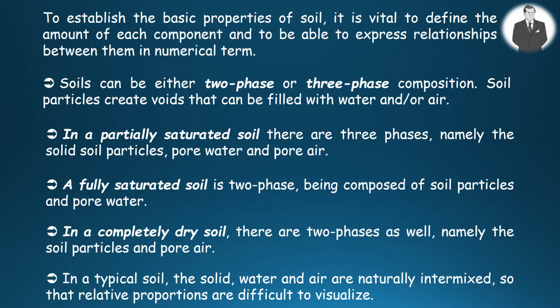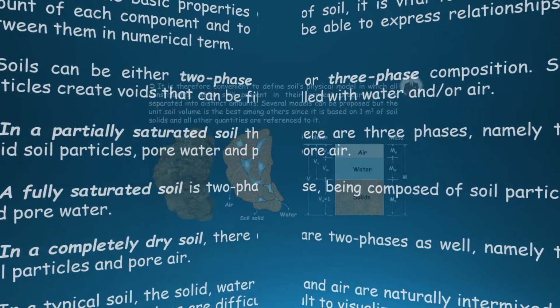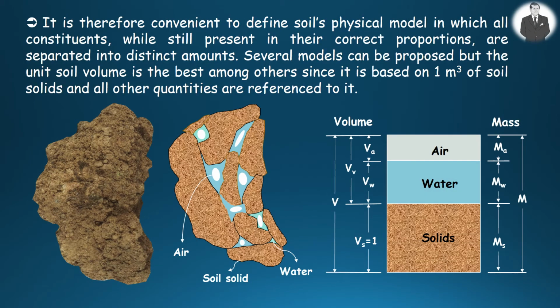In a typical soil, the solid, water, and air are naturally intermixed so that relative amounts are difficult to envision. It is then suitable to detail a soil physical model where all components, while still available in their correct proportions, are split into distinct amounts.